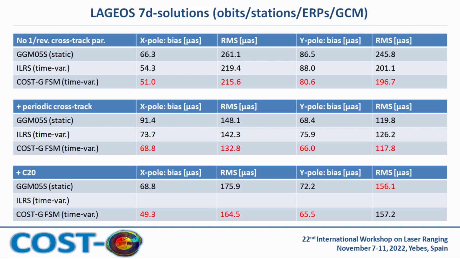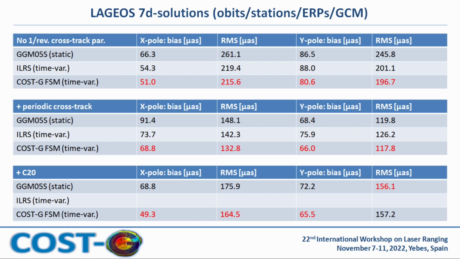And we looked at the Earth orientation parameters, X and Y pole, because we have the experience that they are most sensitive to any model changes that we apply. And you can see that if you do not apply any absorption parameters, still the Cauchy FSM, the fitted signal model, performs best. So red indicates best. So obviously, the improvement in other parameters outweighs the problems in C20.